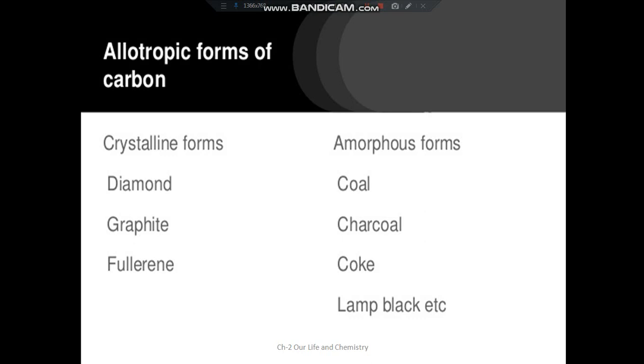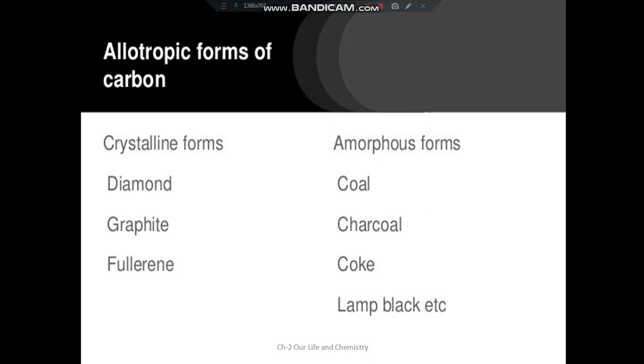Coal, on the other hand, is a black substance which is very cheap, very readily available, and used for fuel. These two are not different elements; they are the same element, but because of the different structural arrangement, their appearance is so different. That is what I told you in the last lesson to explain allotropic forms.